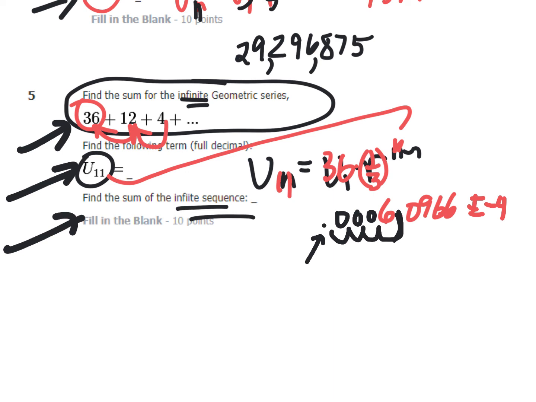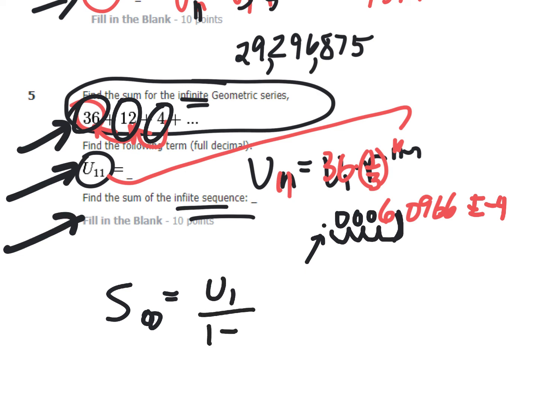And last but not least, the infinite sum of these, like 36 plus 12 plus 4 plus, etc. Well, obviously it's more than 36, right? We would use this formula. S sub infinity equals u sub 1 over 1 minus r.